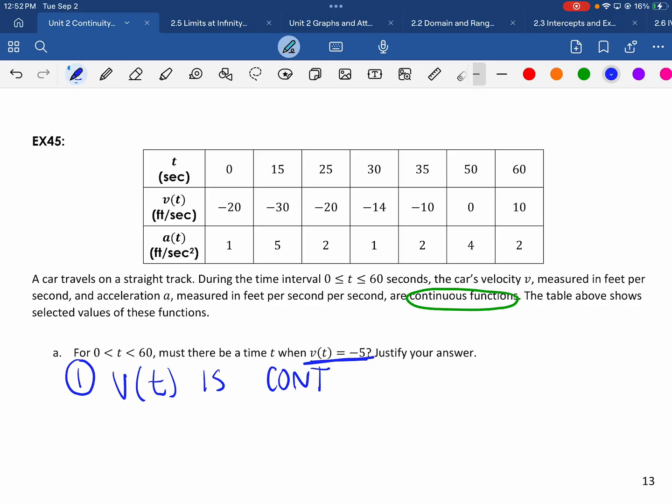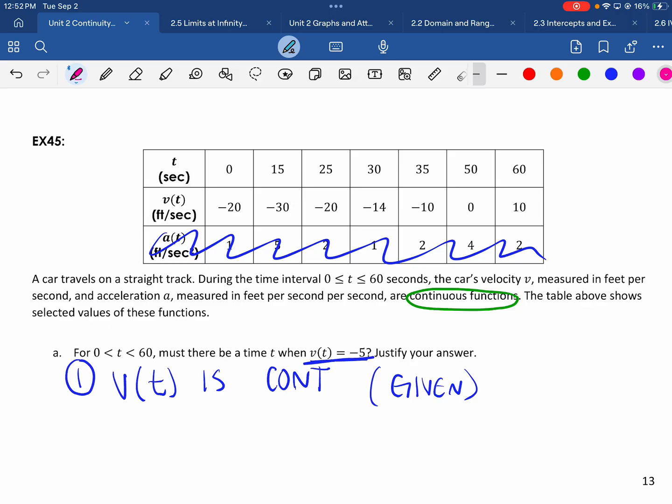Does that make sense? Okay, so v of t is continuous, and I know that because it's given. You don't have to write given, but because they're notes, that's where I'm getting that information from. I actually don't care about acceleration at all because I'm trying to prove a point on velocity.